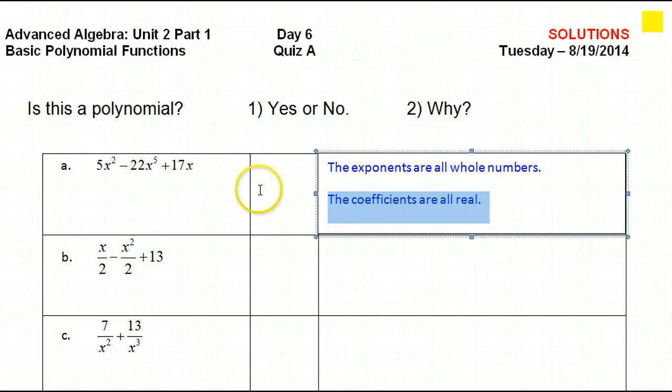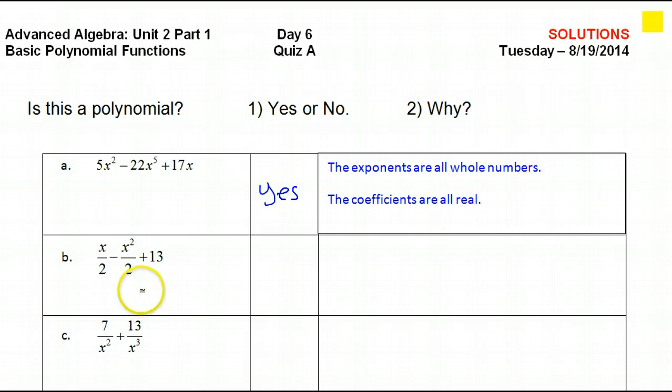When we're talking about something that's not real, we're talking about complex numbers, imaginary numbers. So if we had a coefficient that had i in it somewhere, then that would not be a polynomial. But under these two main characteristics, this is definitely a polynomial. So we will say yes.